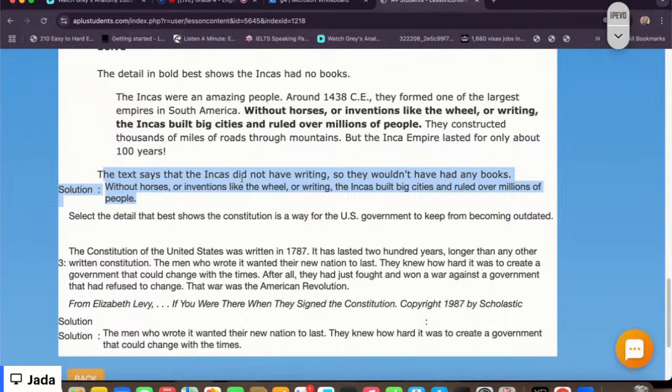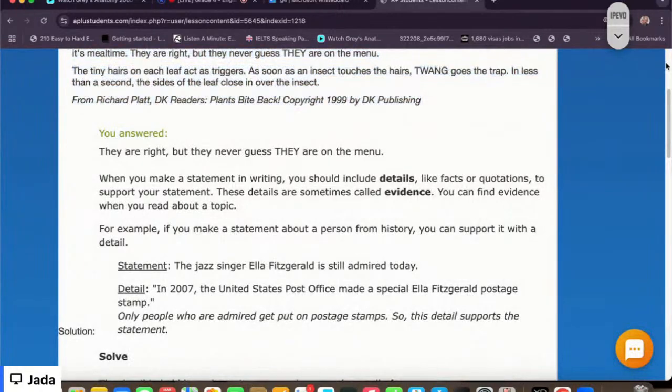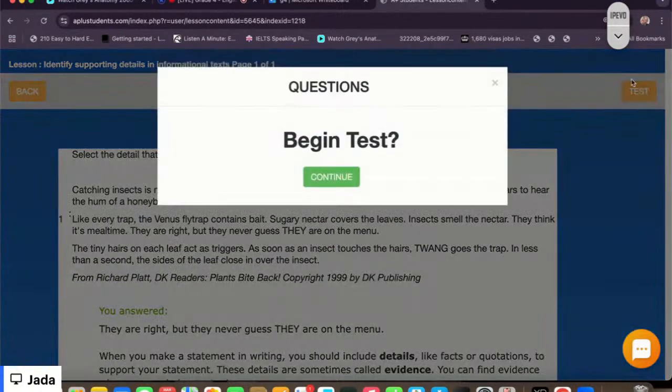The text says that the Incans did not have writing, so they wouldn't have had any books. All right, so take note of it. Without horses or inventions like the wheel or writing, they built big cities instead. So this is the detail that shows us that they didn't have writing or any books. Okay, so we will move on to the test and you can share your answers with me.